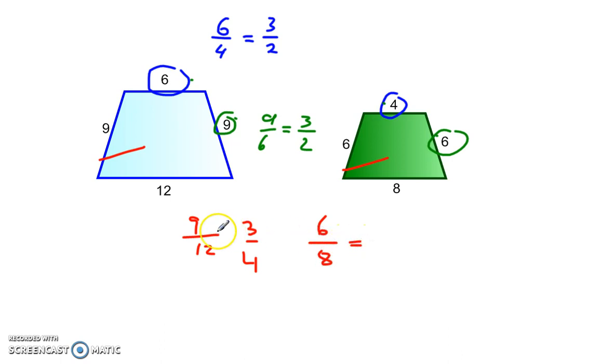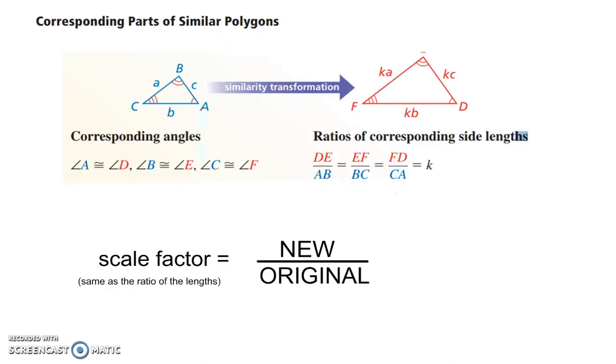That can be simplified down also to 3 to 4. So the sides within a shape towards each other also have the same ratio as the sides within a shape that's similar. So I could use this information or I can use this information right here. Pretty cool stuff with similar polygons.